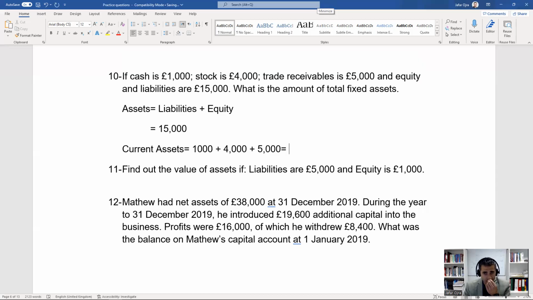If you add them all together, that makes £10,000. The total current assets is £10,000.